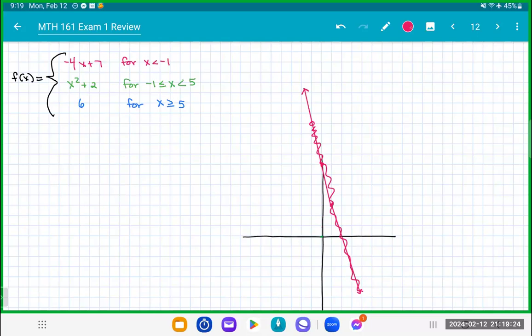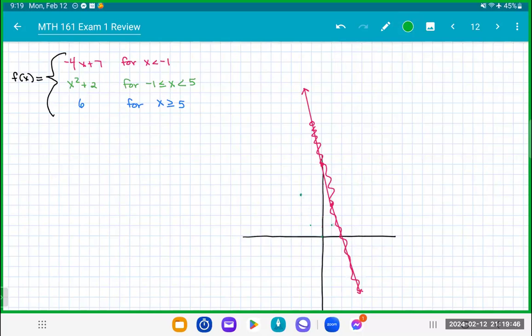Now let's look at the green one. If you recall, our x squared is here, 2 is up at 1, 2, 2 squared is 4, so that's 1, 2, 3, 4.